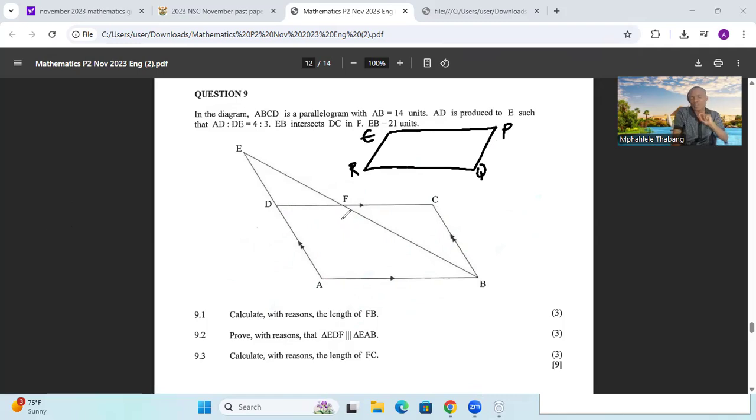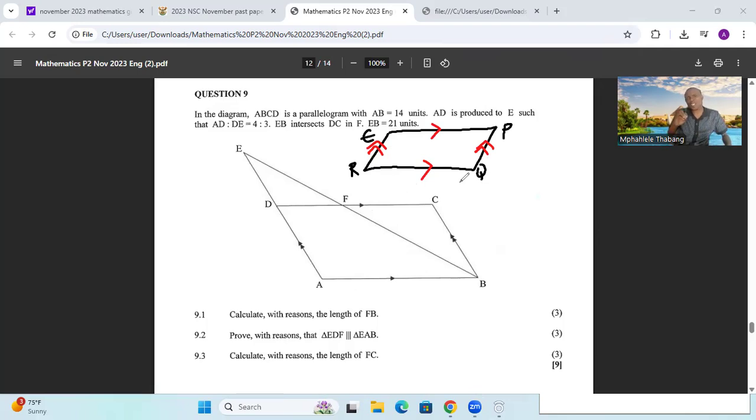This means that the opposite sides are going to be parallel. Remember, the opposite sides of a parallelogram are parallel. This means that the side EP is parallel to the side RQ, and the side ER is parallel to the side PQ.